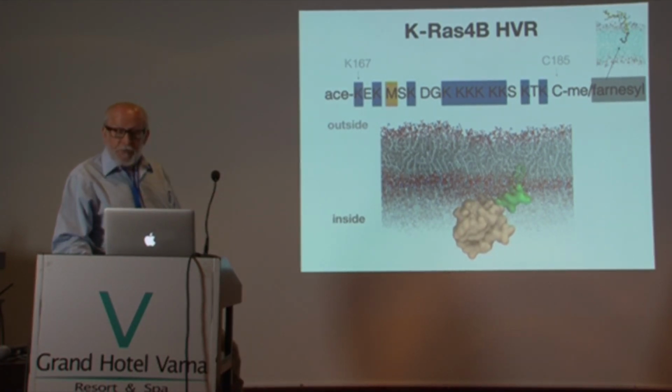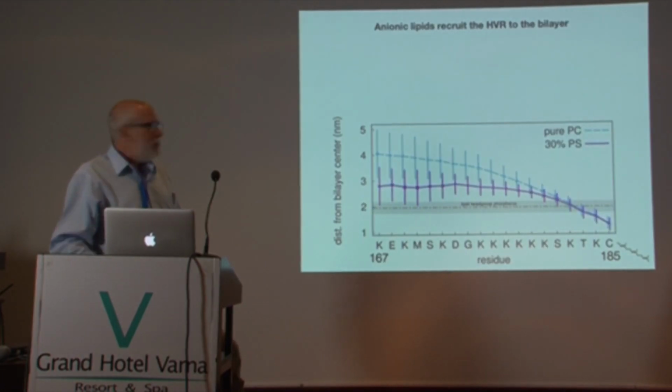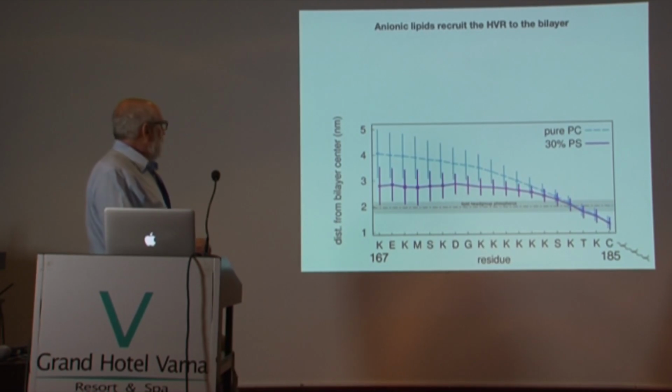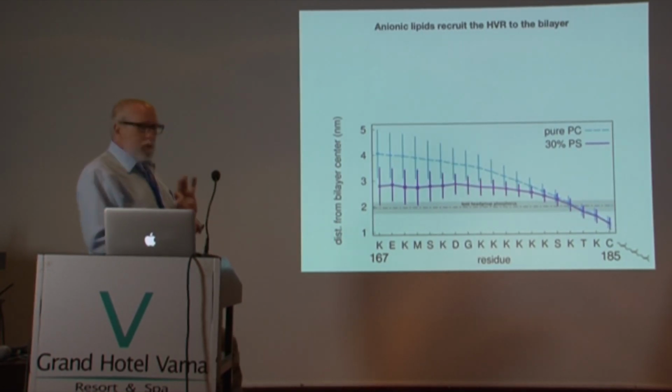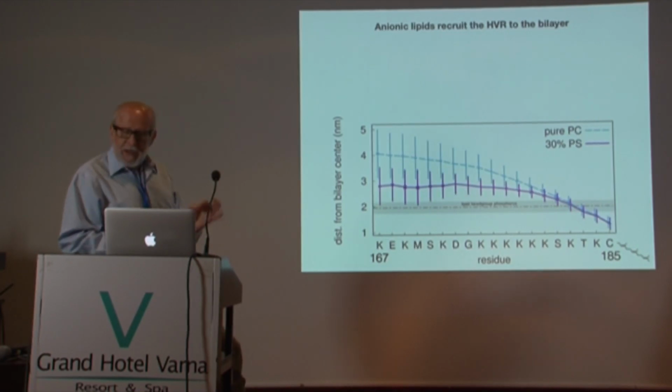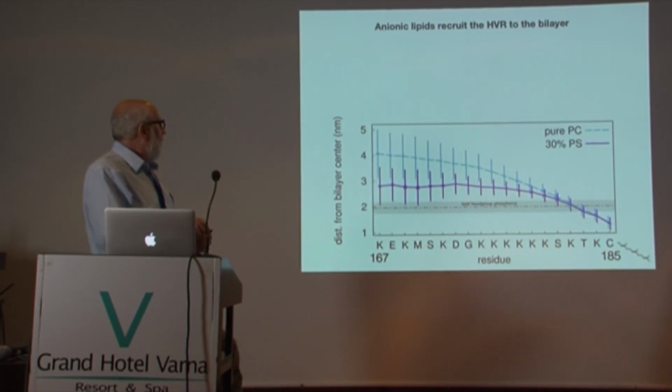I'm going to show you that the disposition depends very strongly on lipid composition. So we're trying two lipid compositions. One of them is pure PC, a zwitterionic lipid, neutral overall. And another one that is 70% POPC and 30% POPS. POPS is negatively charged, minus one charge per lipid.